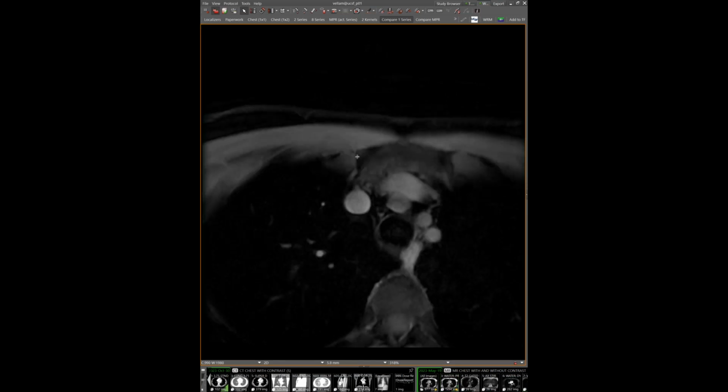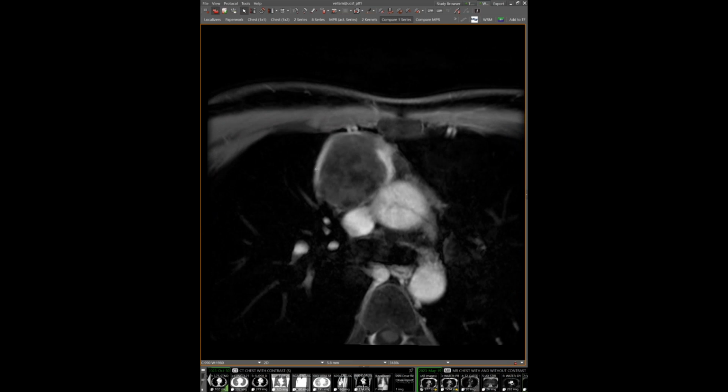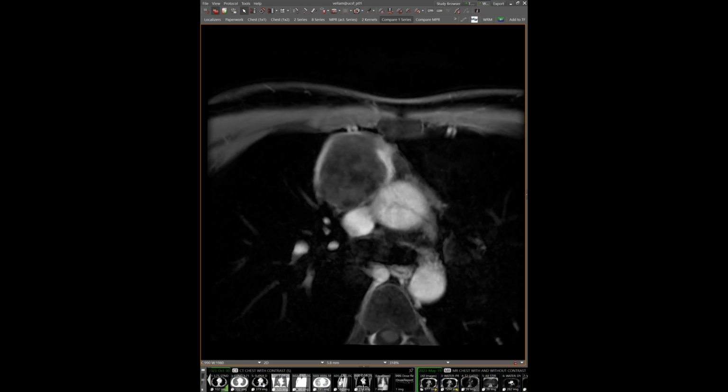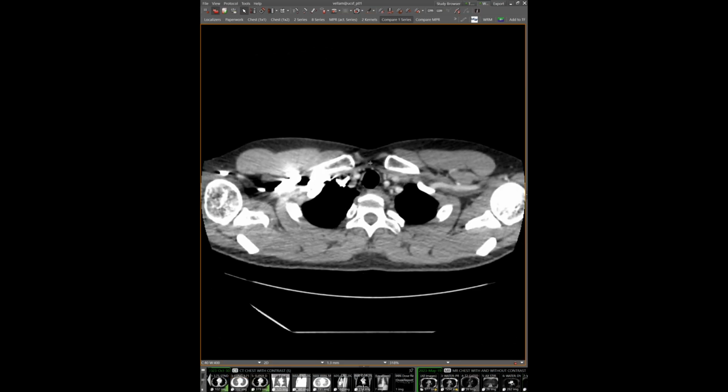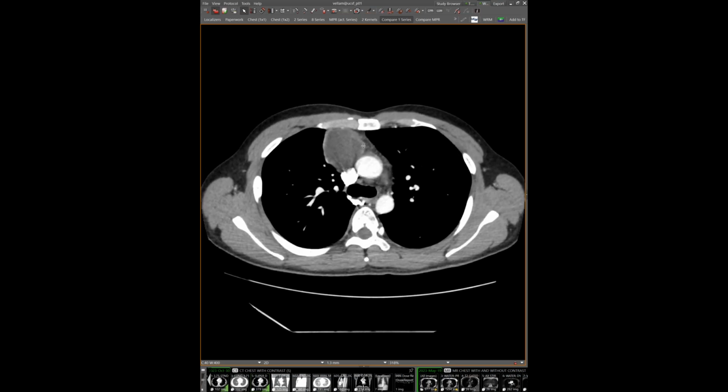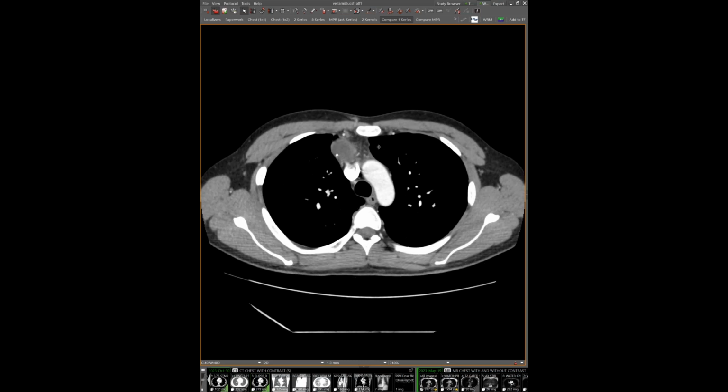And then we did post-contrast imaging as well, which shows that there is a little bit of enhancement around the rim of this, nothing in the middle of it, but some areas of enhancement. And then finally, we also have a follow-up contrast CT, which goes along with what we saw in the MRI, where there's still that little bit of enhancement and that one little punctate calcification.